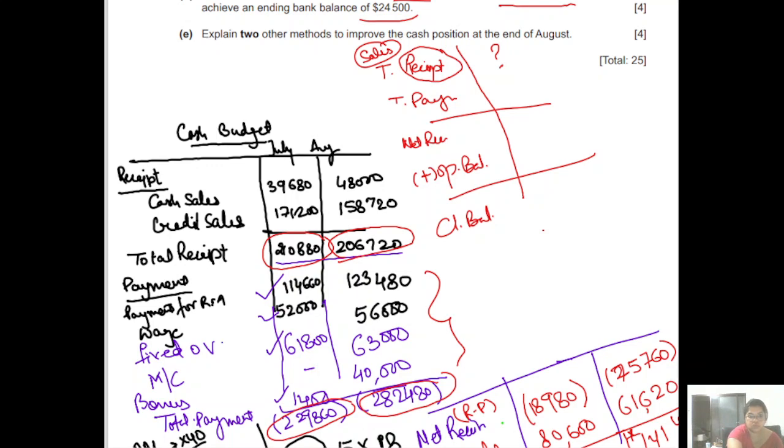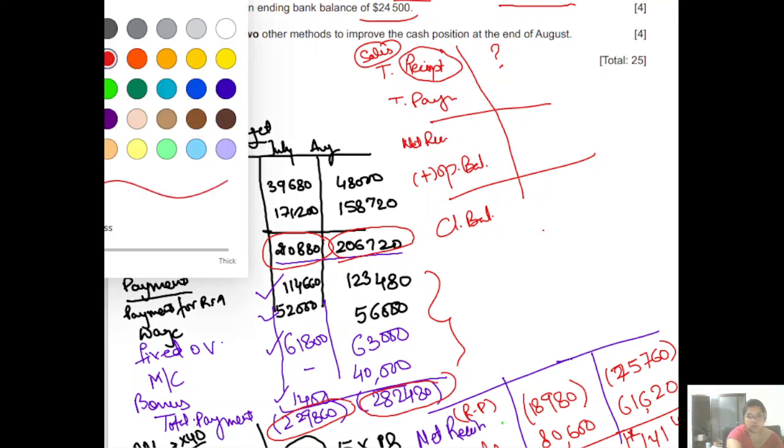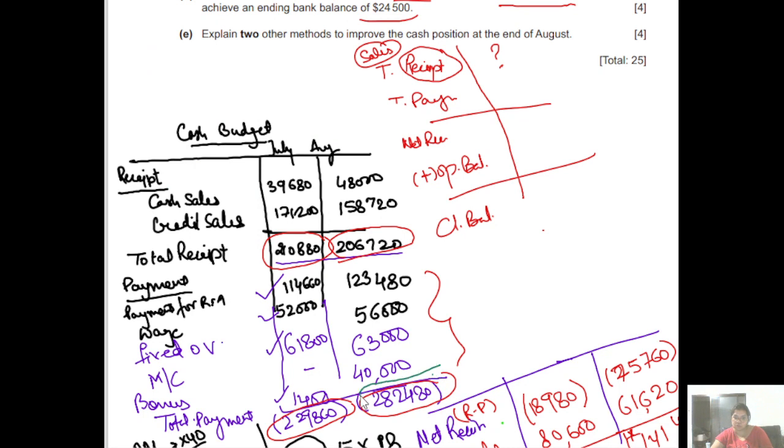I'm going to change color to this one. So the total payment for the month of August is 282,480. So I'm going to write it here: 282,480.